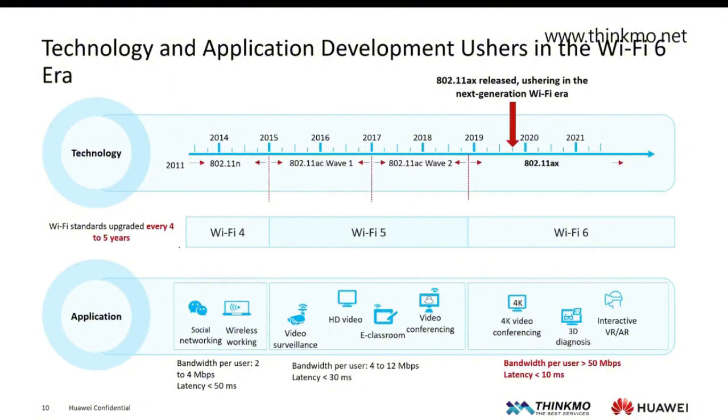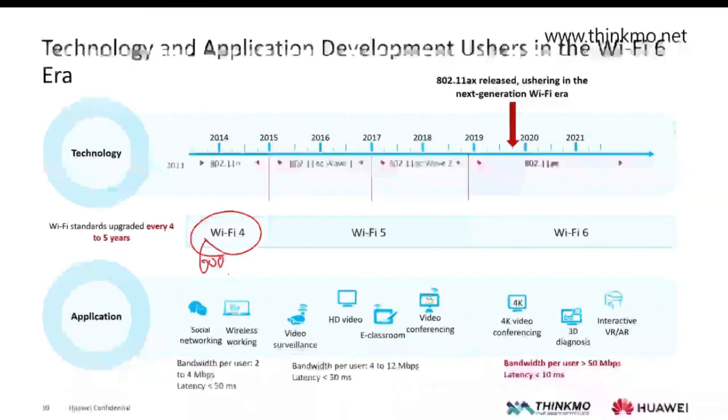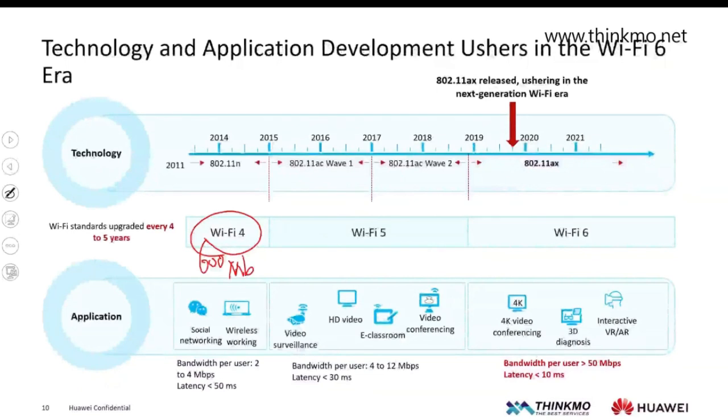First of all, Wi-Fi 4. Its transmission rate can reach 600 Mbps. It can transmit 600 megabits per second. This speed is sufficient to support efficient work using wireless networks in an office environment.